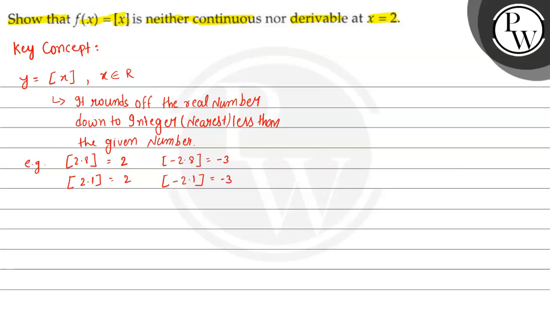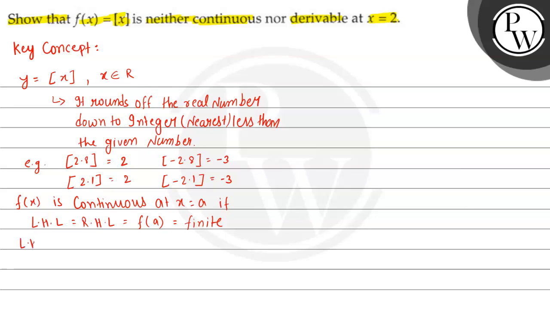So the next concept is, f of x is continuous at x equal to a if left hand limit is equal to right hand limit is equal to f of a, and its value should be finite. If the function satisfies this condition, then we can say it is continuous at x equal to a.